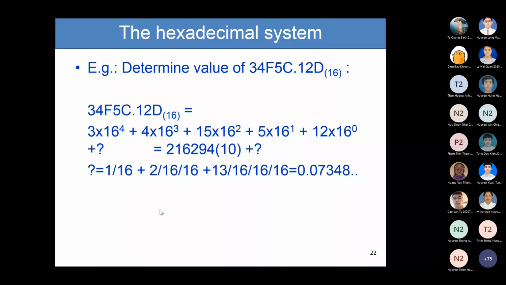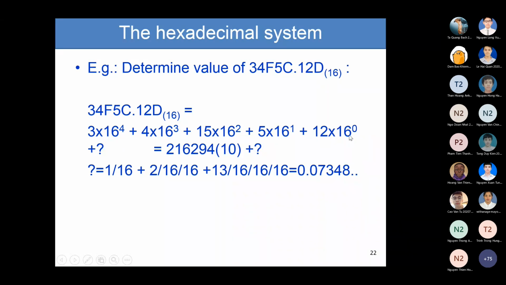Okay, example: given a number in the hexadecimal system equal to 34F5C.12D. To determine its value in the decimal system, first of all, we need to index the digits. The index of C is 0 and C equals 12, right? So we have 12 multiplied by 16 to the power 0.